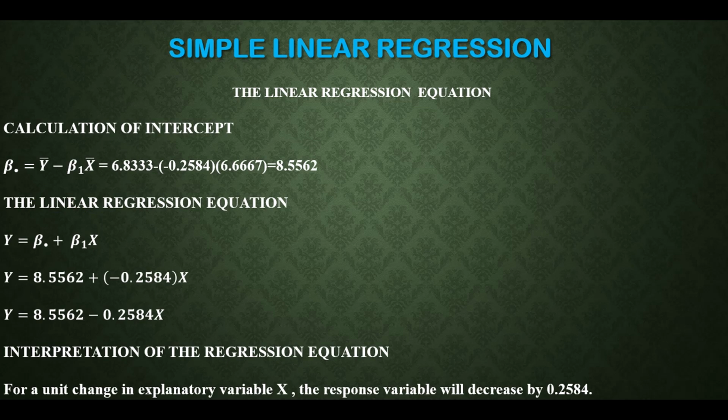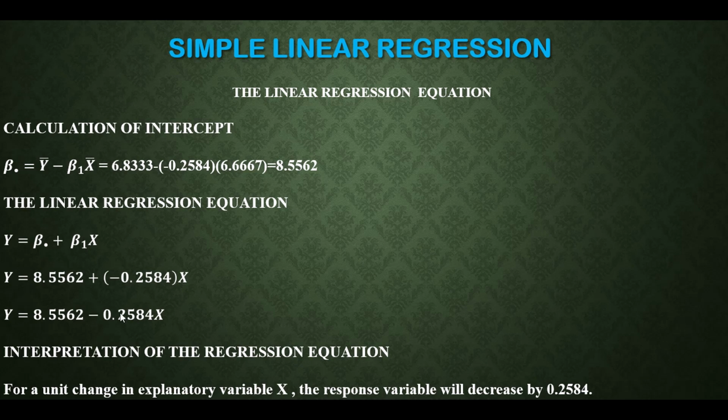Then we are going to calculate our intercept, which is beta naught. Beta naught is equal to y bar minus b x bar, giving us 8.5562. So far we have known our intercept, so our linear regression equation can be written as follows: y is equal to beta naught plus b1 x.